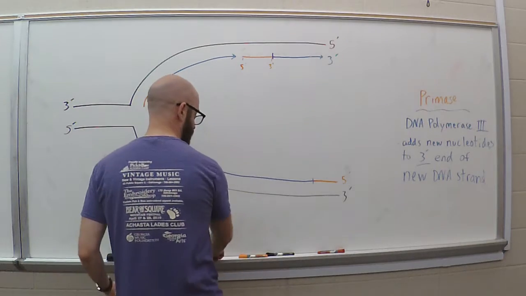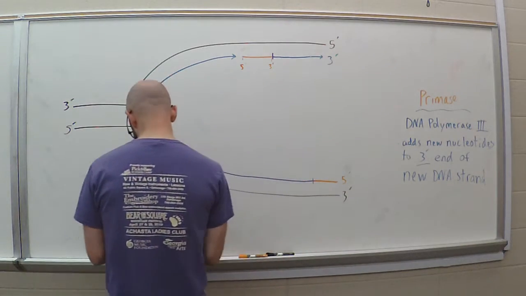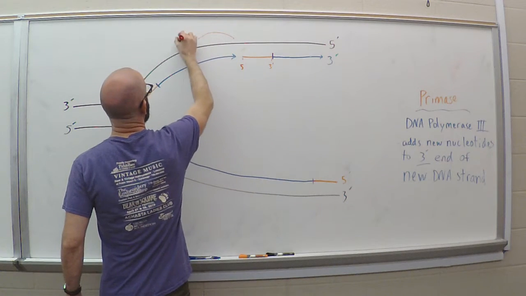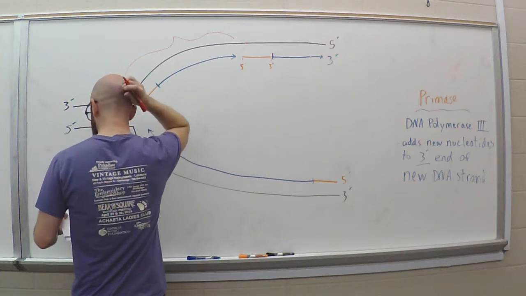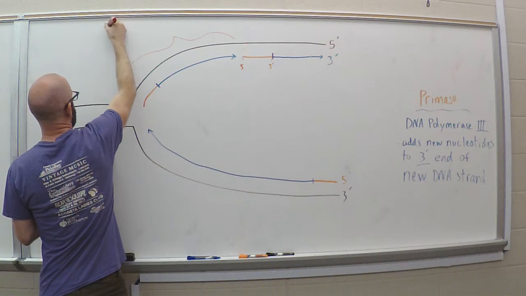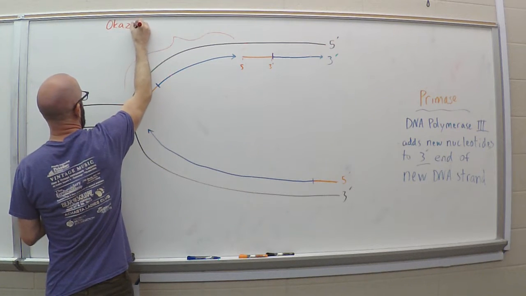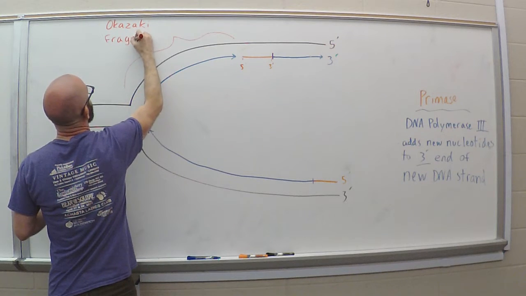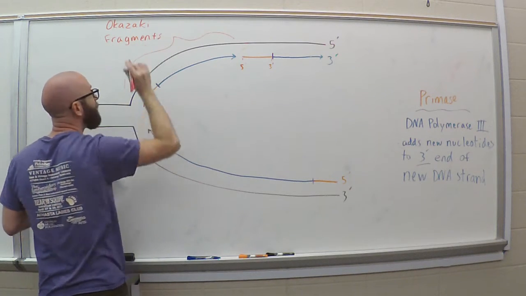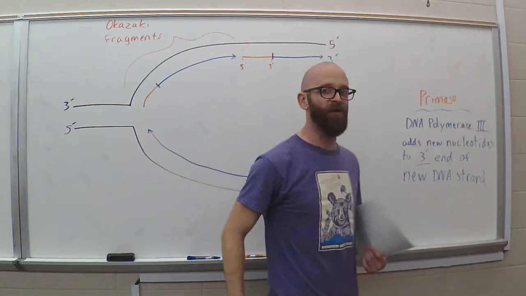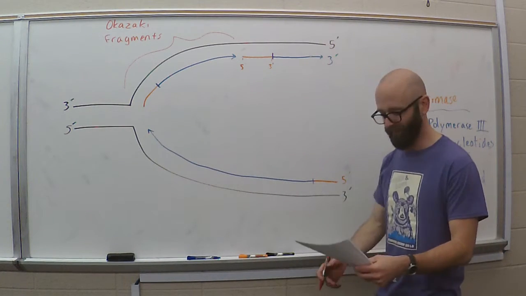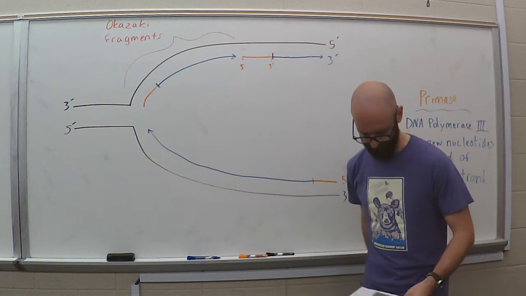And we have a special name for these fragments. They are called Okazaki fragments. A Japanese fella named Okazaki identified them, named them after himself. This is what you do.